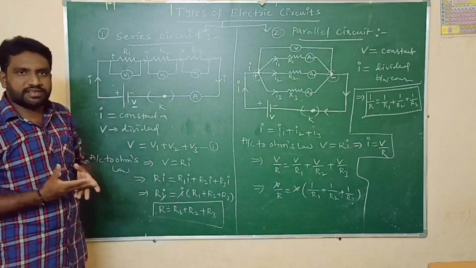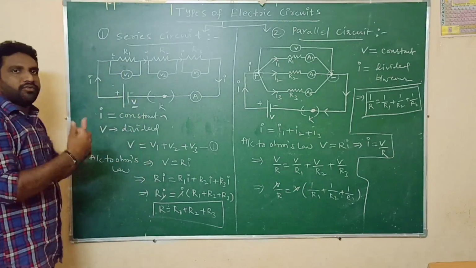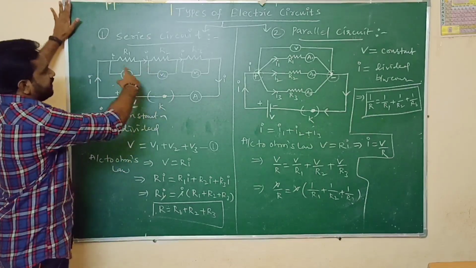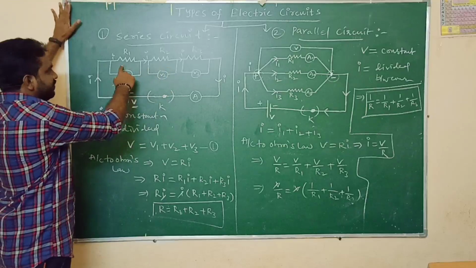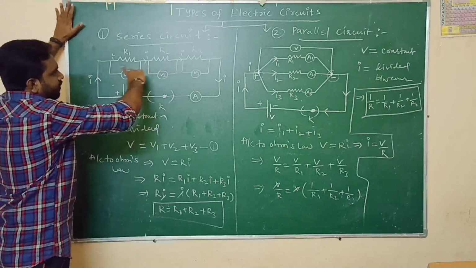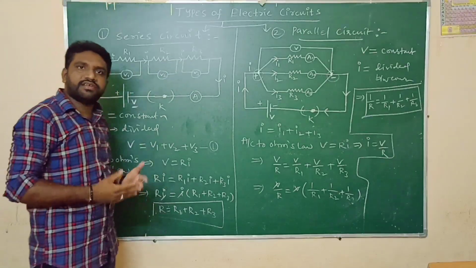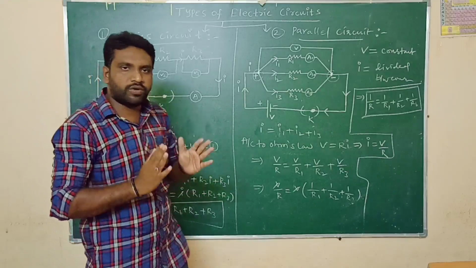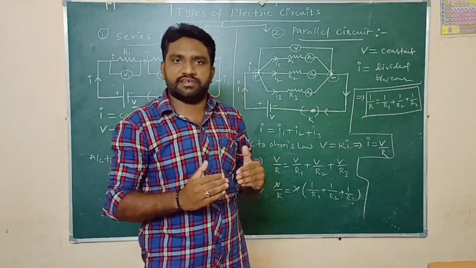If you observe the diagram, you will know the answer. When the resistors are connected in series, end to end, the length of the resistance increases, from left to right. When the length increases, the resistance increases. That's why if we connect the resistors in series, the total resistance of the circuit increases.